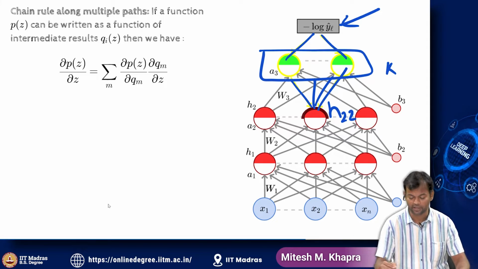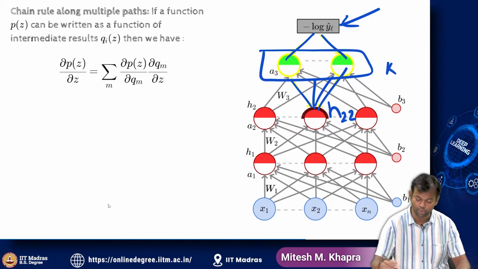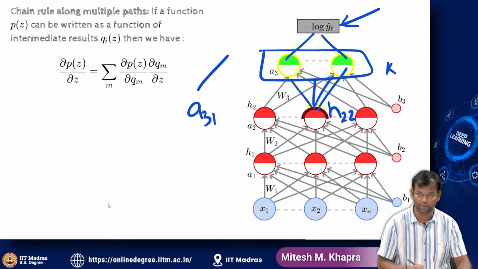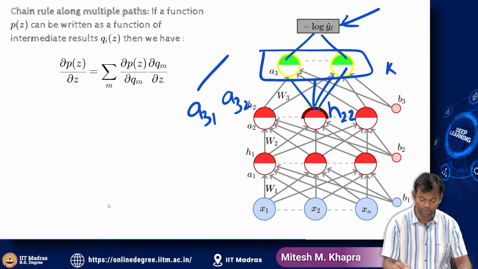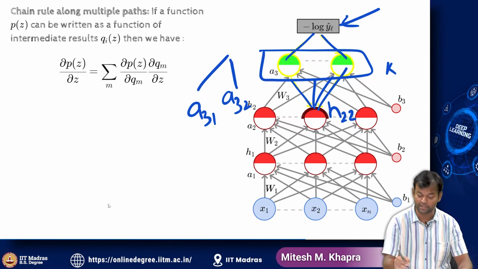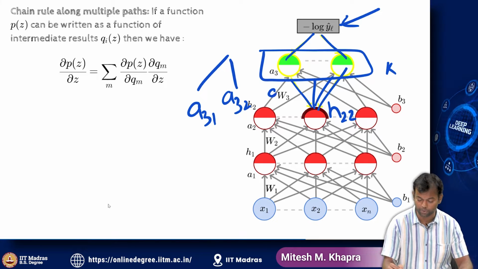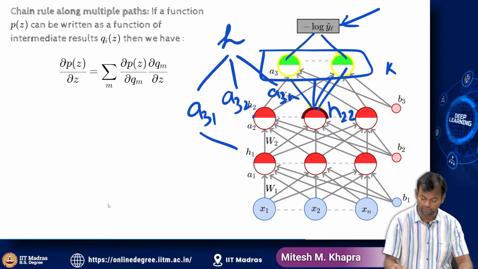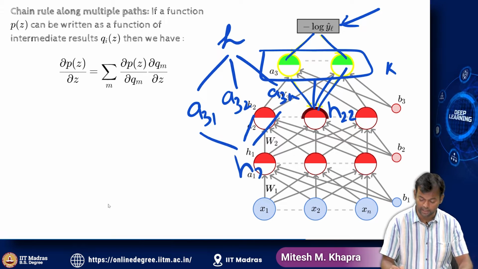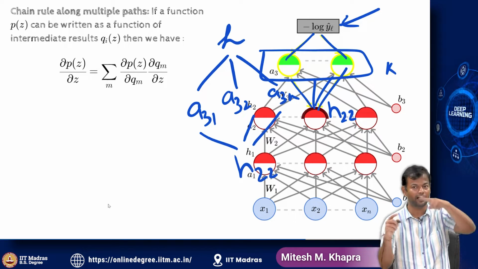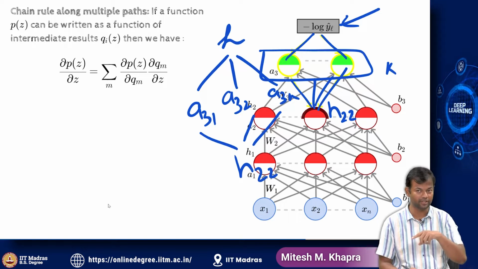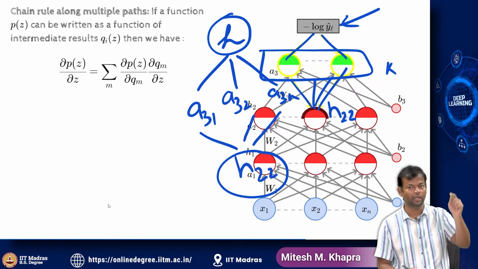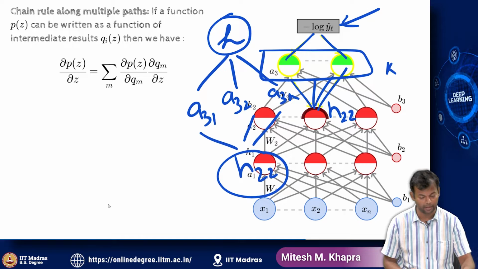There are k paths here, because from h22 you go to a31, and from a31 you can go to the loss; from a32 you go to the loss, because the loss depends on a31, a32 all the way up to a3k. All of these the loss depends on, and all of these in turn depend on h22. So there are k paths from h22 to the loss function. If I want to compute the derivative of the loss function with respect to h22, I'll have to sum across these k paths.